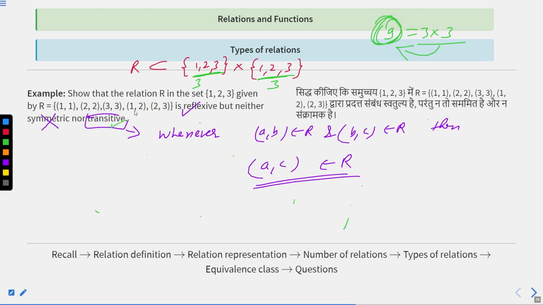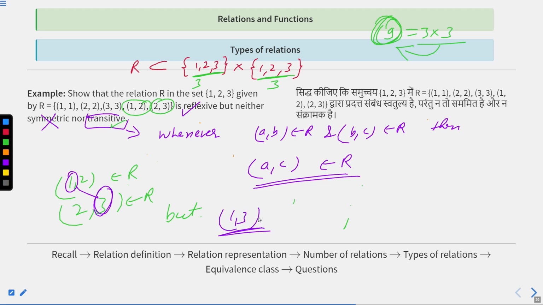Here (1, 2) belongs to R and (2, 3) belongs to R, but does (1, 3) belong to the relation R? As you can see, no. So my given relation is not transitive either.